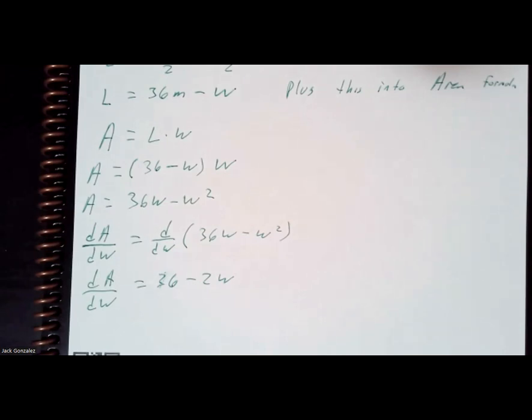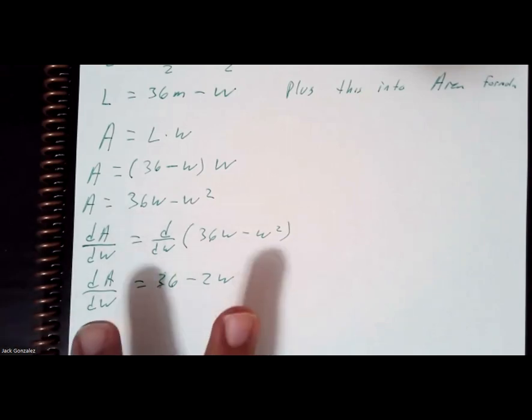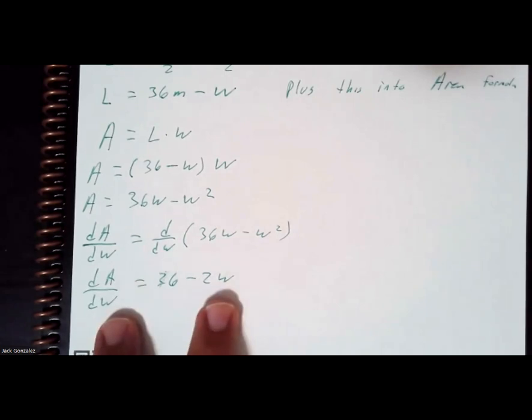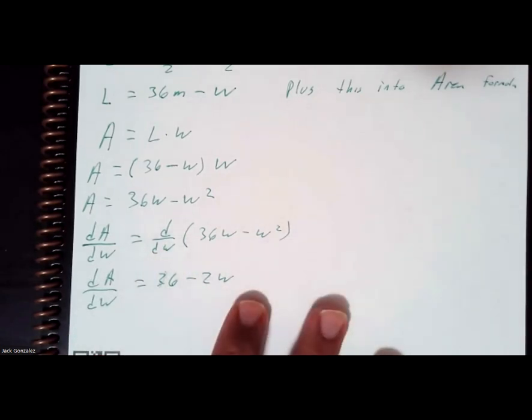Do we not first find the value of W to find the max area? Well, that's what we're trying to do. We're going to find the W that gives the maximum area. But the reason we took the derivative is that, remember, in the last few sections, if we set the derivative equal to 0, we find critical numbers.